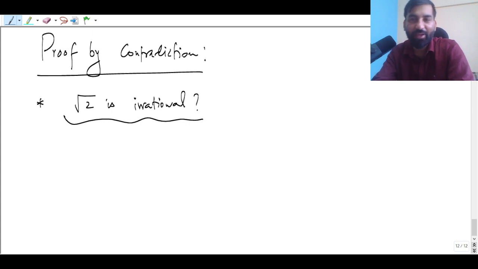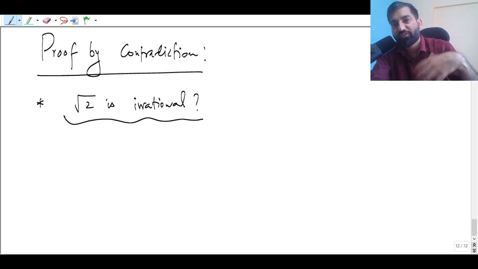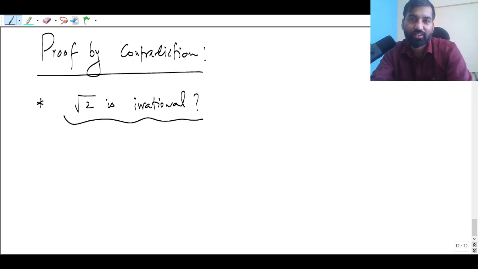Many of us do not know about it. We don't bother about how; we just know that root 2 is irrational, that's it. But at times you need to understand, if you are a computer science graduate, or if you like mathematics and you are thinking that you want to build your career in mathematics and computer science, you need to know all these kinds of concepts, because they will help you in problem solving.